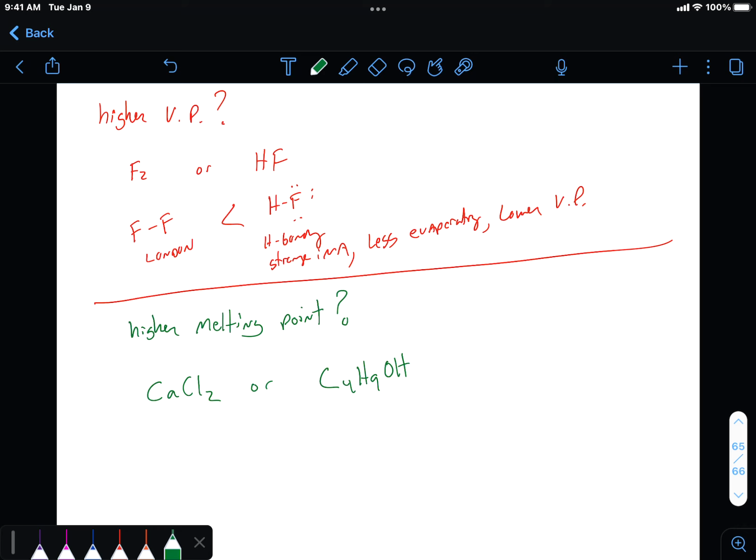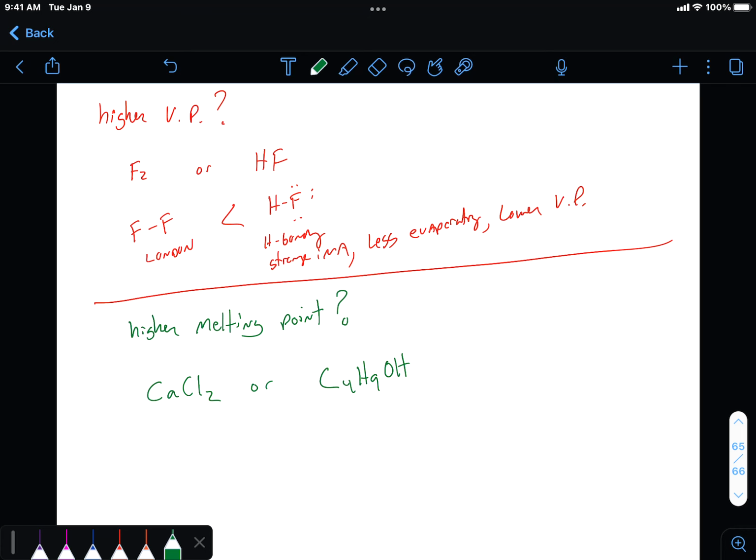You should remember C4H9OH as butanol. We used that in our lab yesterday. That's the one where the temperature changed the least out of all the chemicals you tested. I believe it only changed about 2 or 3 degrees. Casper? CaCl2. Yes, it is. Why?